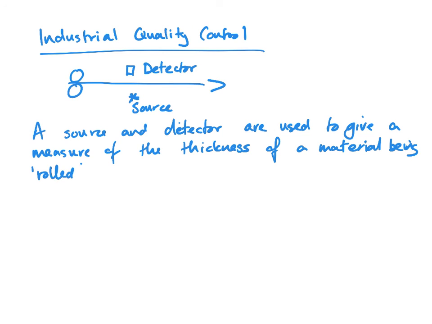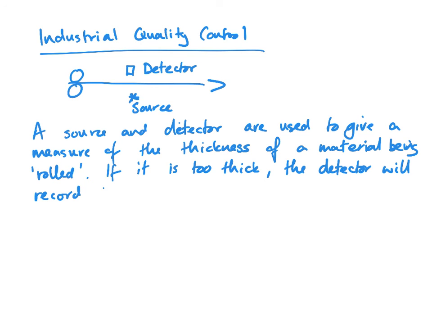So the material is being rolled. So it's just passing between two rollers to control its thickness. If it's too thick, we'll record lower levels of radiation.